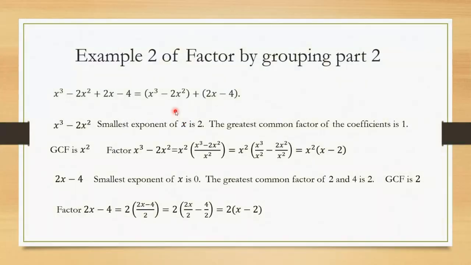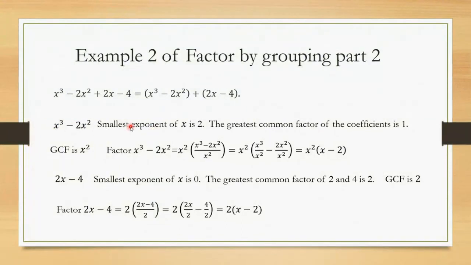So we have these two groups. And for each of these two groups, we're going to factor its GCF out individually. So for the first group, the smallest exponent of x is 2. Notice there's a coefficient of 1. So we have m equals 2 in the GCF.